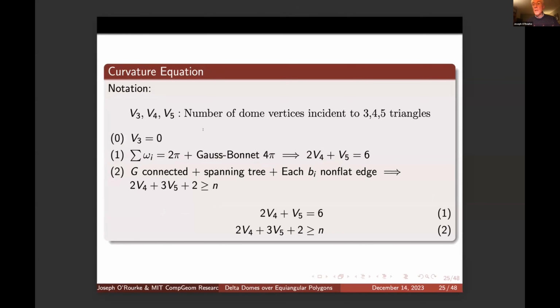So some notation here. Let V3, V4, and V5 be the number of dome vertices that are incident to 3, 4, or 5 triangles.